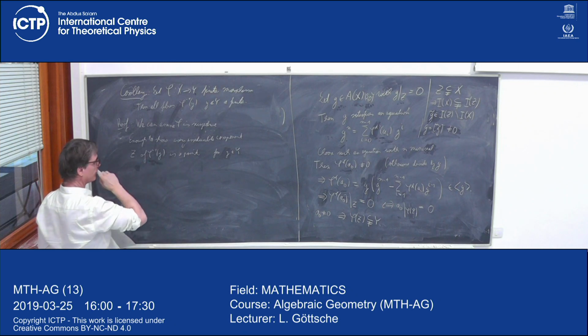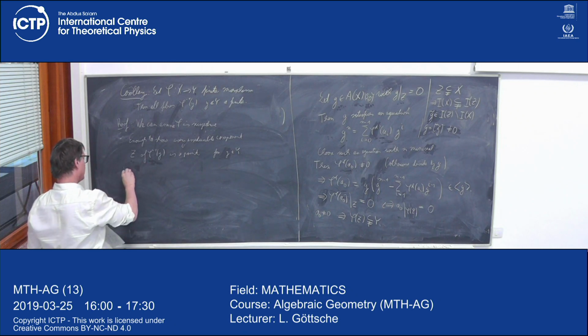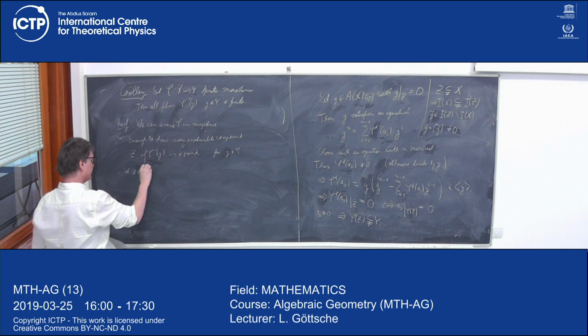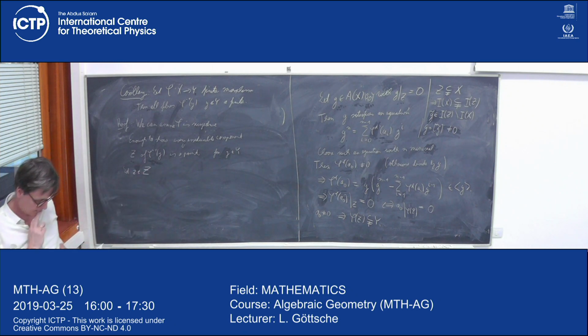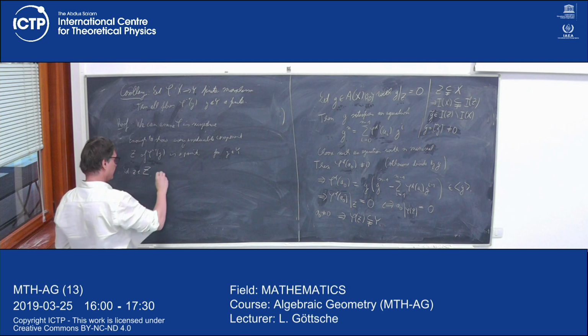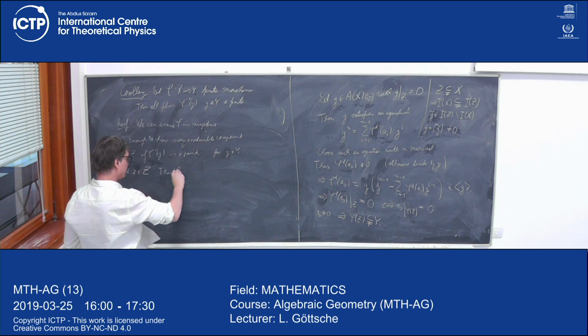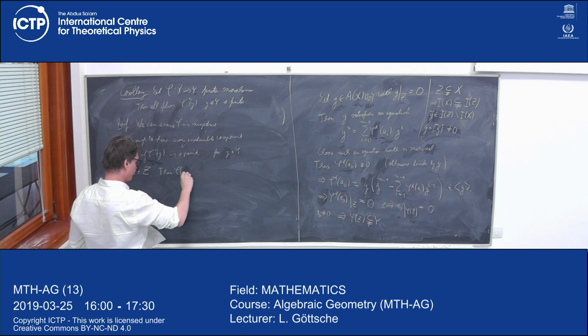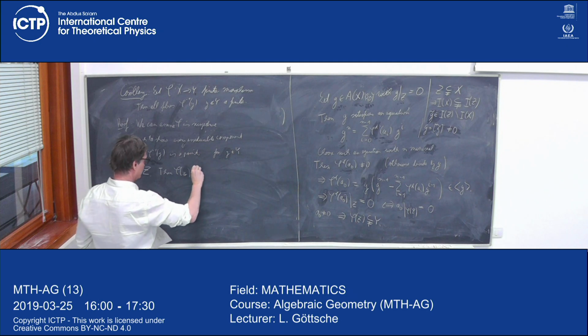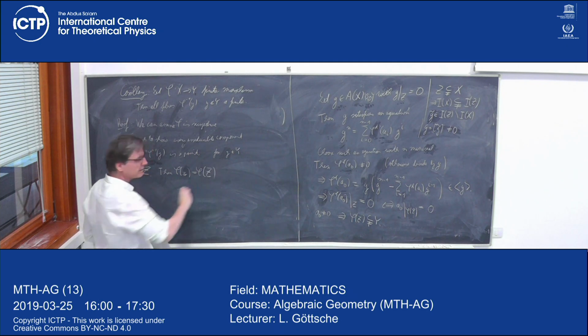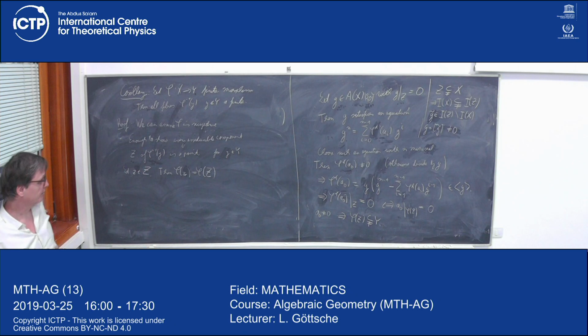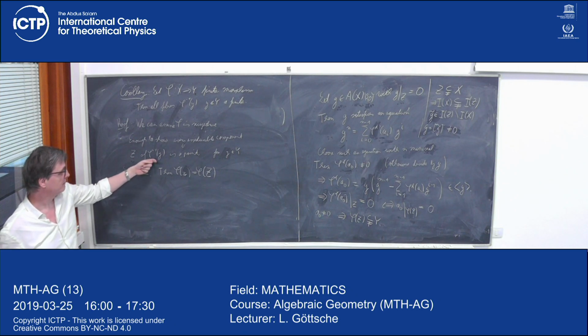So I take just a point, small z, in this thing. Then phi of small z is equal to phi of large Z, obviously, because both lie over y.